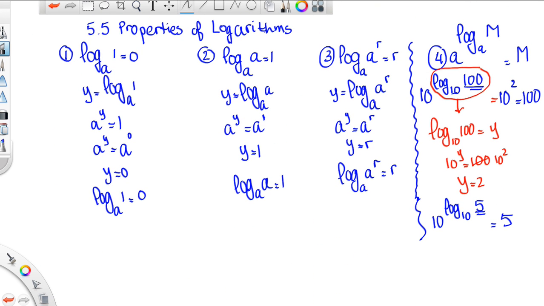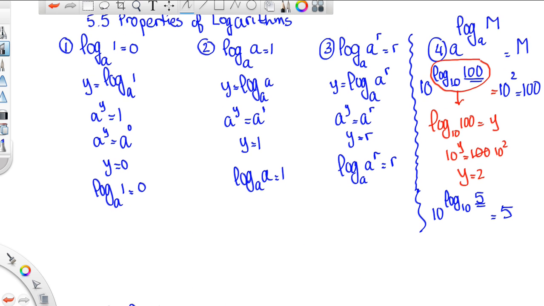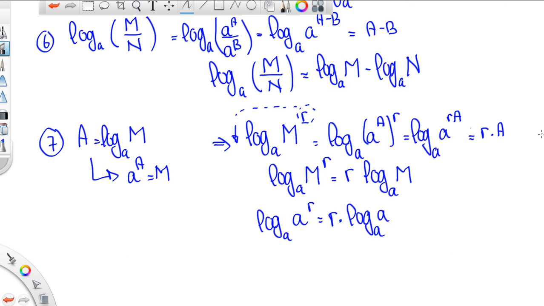So what happens when you take the log a of a? That's 1. So the log a of a is 1. So you get r times 1, which is just r. So notice that we have another way of showing that when the bases here are the same, you just get this exponent.